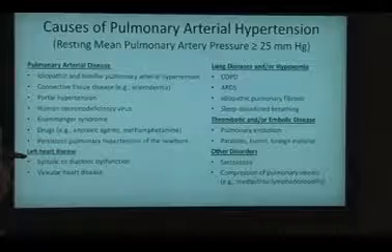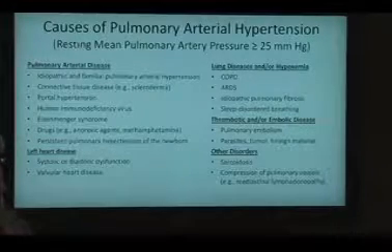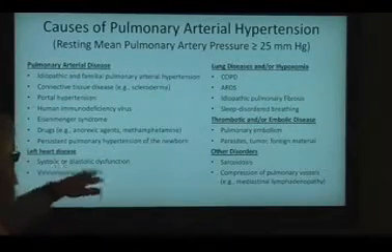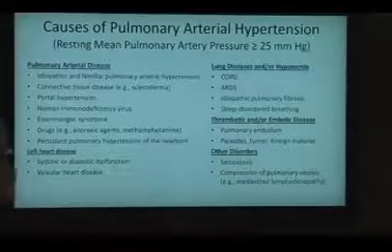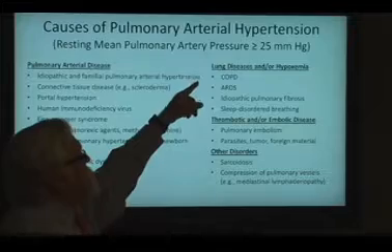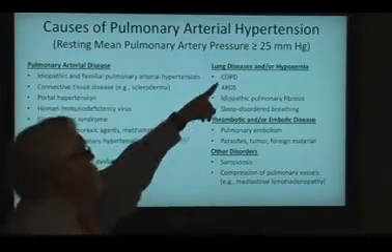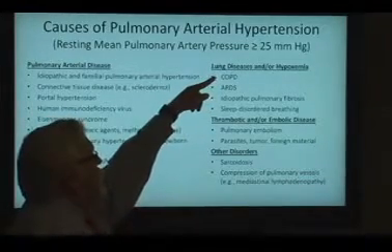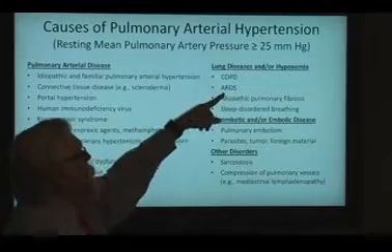Left heart disease will increase the pulmonary artery pressure because of left heart failure, so systolic or diastolic function, valvular diseases. And then there are lung diseases that can produce pulmonary hypertension, like COPD, that we had already mentioned.